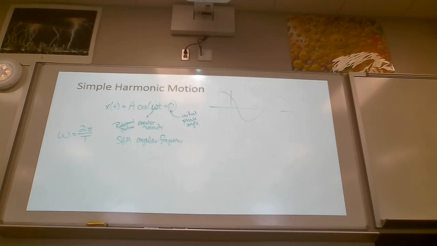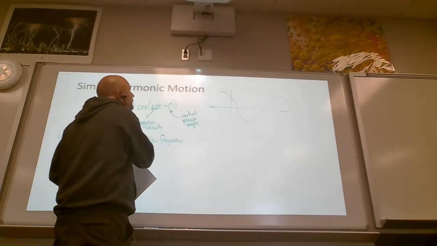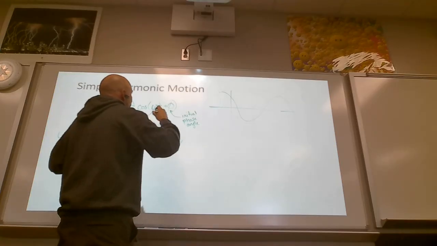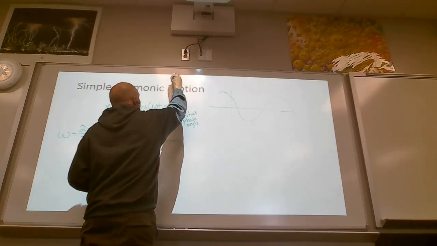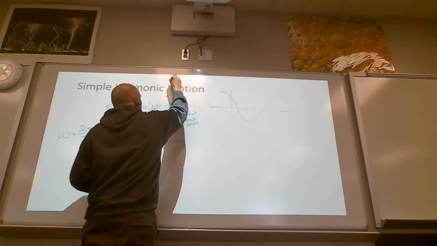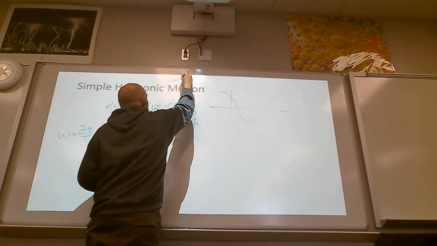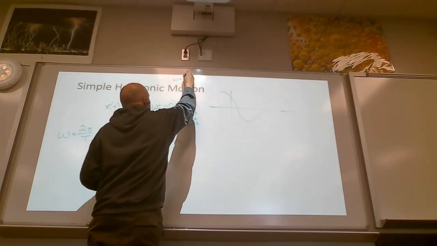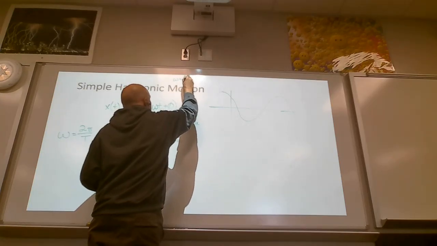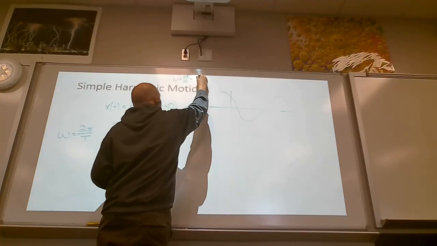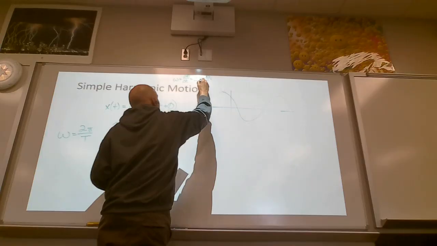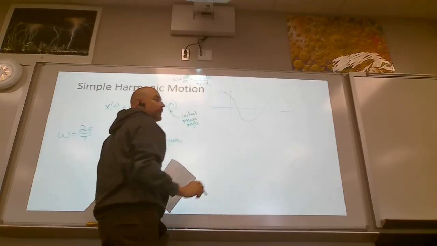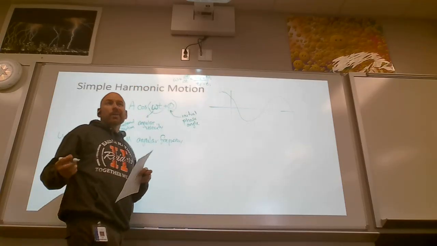Good with that? Okay. And where this comes from is omega is equal to the rate at which theta is changing, final minus initial over final clock reading minus initial clock reading.